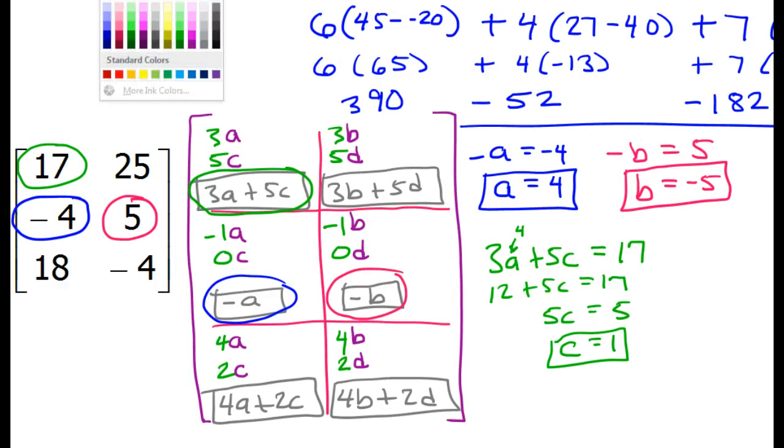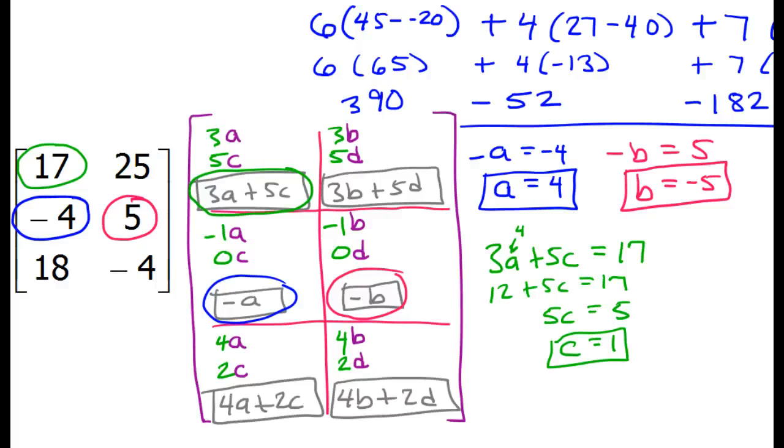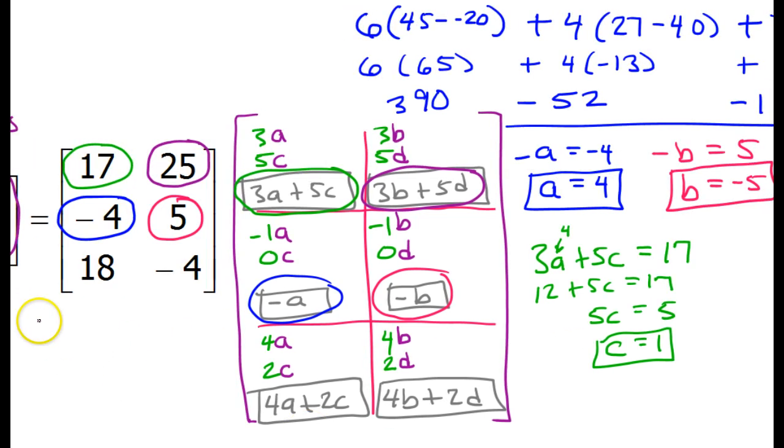I'm running out of space, but we're going to make it work. Okay, what is left? I might as well just use this one. So this entry must equal this entry. So that means that 3B plus 5D must equal 25.